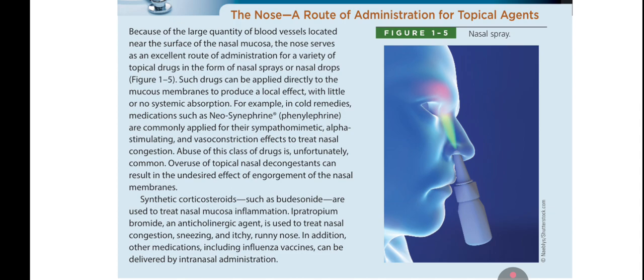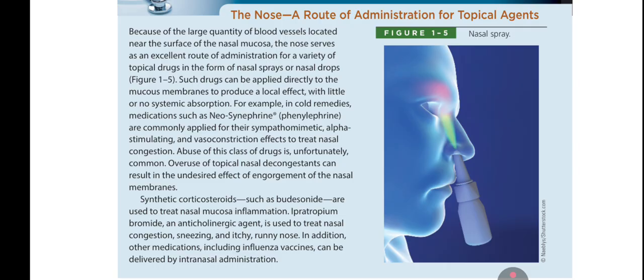Okay, so I'll make this short. In my understanding, the nose is a great way to give medicine or remedies or medications, because it is studded with a lot of blood vessels that can carry the medicine and serve its action.